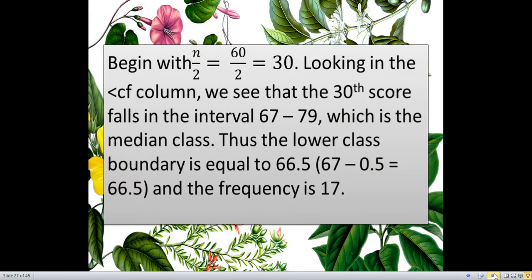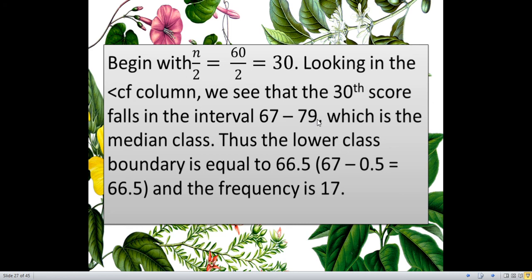Okay, next. Begin with our n over 2. So our n over 2 equals 60 over 2, so we have 30. Looking at the less than CF column, we see that the 30th score falls in the interval 67 to 79. Therefore, that will be our median class.